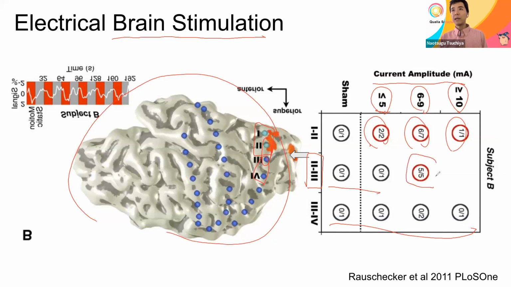Or when they increased the amount of stimulation from below 5 to 6 to 9, then 2 and 3 also started to elicit the motion percept. So not only in the stimulation response paradigm, but also in the stimulation phenomenology report paradigm, there was a very specific correspondence between the electrode location and phenomenology.